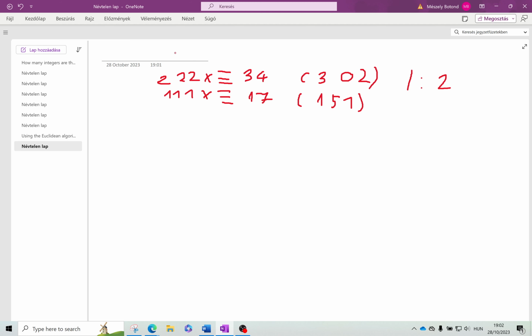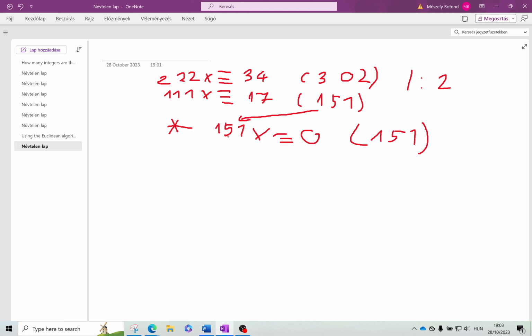So 151. And then after we got here, we have to continue the algorithm. So let's say this star is 151. So here this x congruent 0 modulo 151.